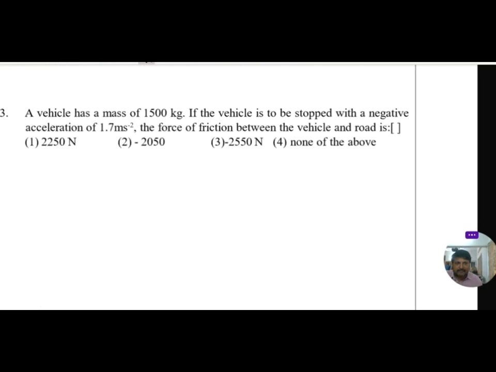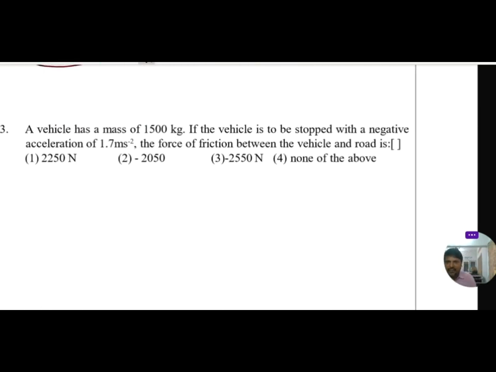A vehicle has a mass of 1500 kg. If the vehicle is to be stopped with a negative acceleration of 1.7 meter per second square, the force of friction between the vehicle and the road is. Here consider a vehicle, its mass is 1500 kg.